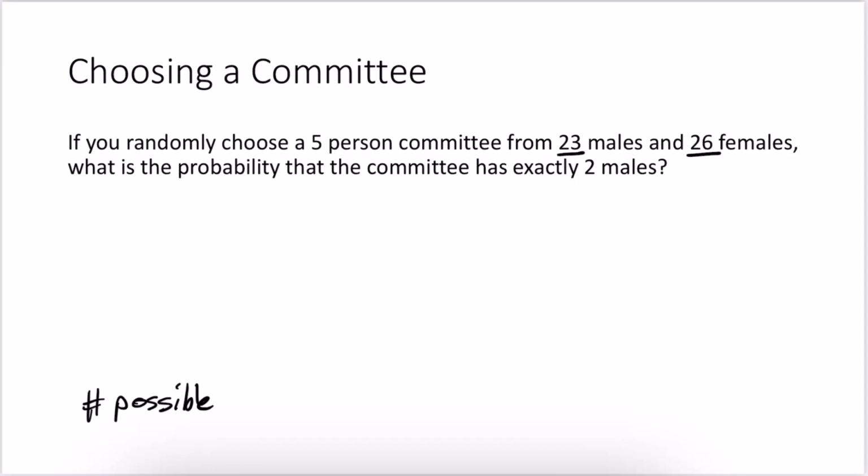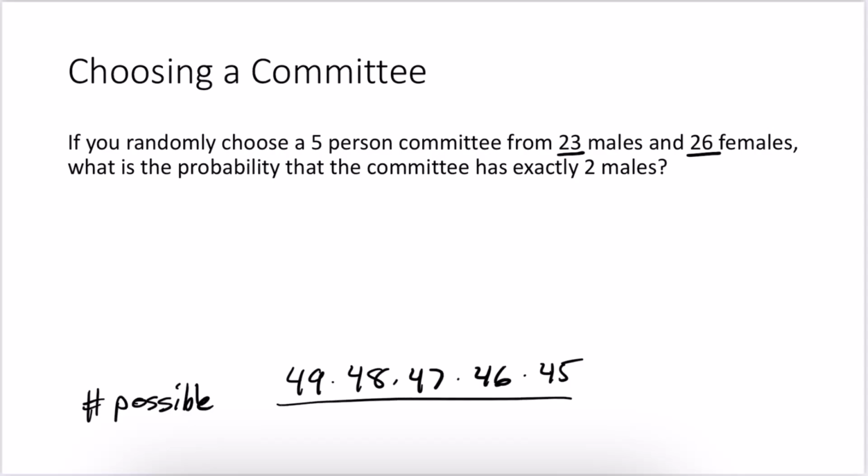So the first person on my committee, I could choose from 49 people. Then the second person, I'll have 48 options because it can't be the first person that I chose. Then I'll have 47 for the third person and 46 options for the fourth and 45 for the fifth person on my committee. Now on a committee, it doesn't matter who gets chosen first, second, third, etc. So I also need to divide by the number of duplicates.